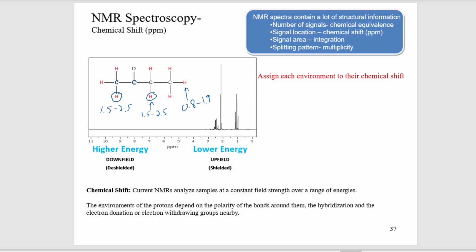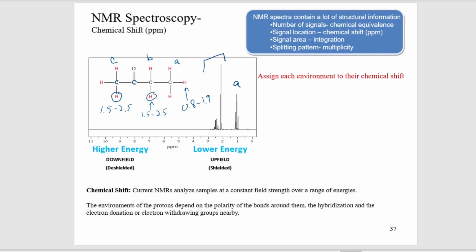Okay, so for the hydrogens, we'll call this environment A, environment B, and environment C. It looks like environment A should be the furthest upfield, 0.8 to 1.9. So this signal here must be because of environment A. Environment B and C, I'm not quite sure.